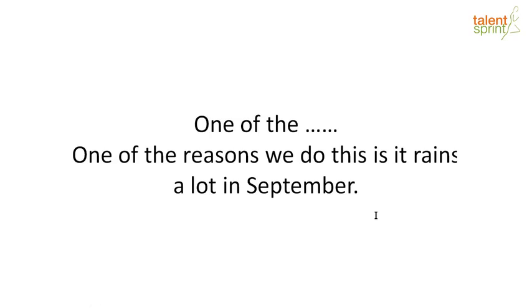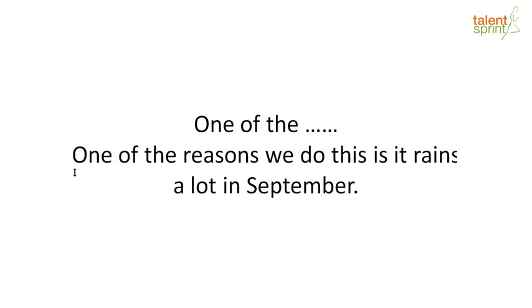Let's move to our next component. Now, whenever you have sentences beginning with one of the, each of the, some of the, usually the object of the preposition of takes up a plural noun. Let's understand this with some example sentences. One of the reasons we do this is it rains a lot in September.